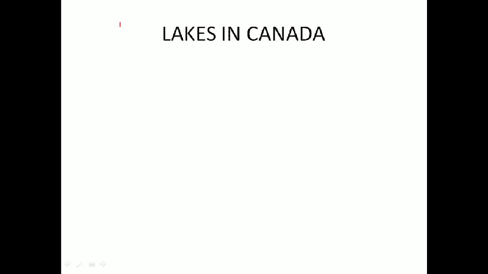Next is lakes in Canada. Some of the lakes are inside the USA, and the remaining 4 are shared by the US and Canada. But now I am talking about the big lakes completely in Canada. Great Bear Lake, Great Slave Lake, Lake Winnipeg, Lake Athabasca, Reindeer Lake.